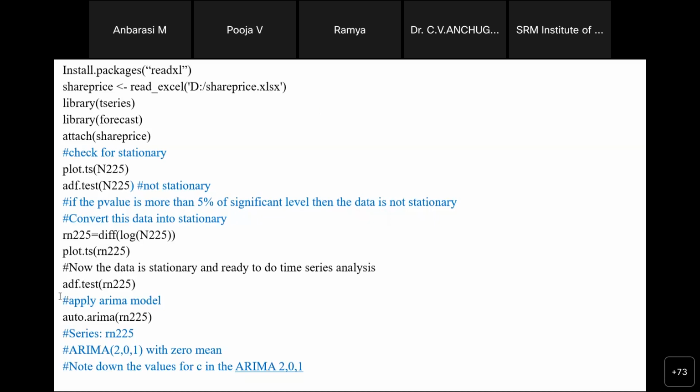Once you have done this, we can see the forecast values. Excuse me, ma'am. Yes, ma'am. Ma'am, the screen is still on the package, share price. Is it? Because the screen is not moving. We can only see the library tseries forecast share price.